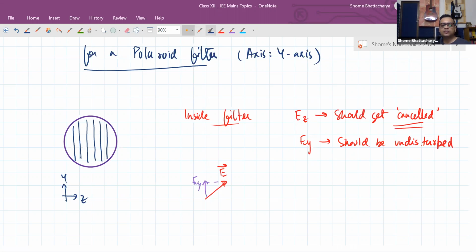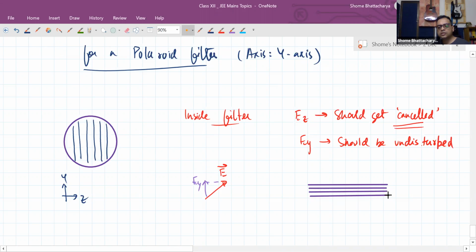Okay. So now think of this, that instead of a metal, if I had a very thin mesh, like a wire grill of thin metallic wires which were along the Z axis. Suppose I had this. Then what would happen in this region? Free electrons could distribute only along the Z axis. They cannot redistribute along the Y axis.